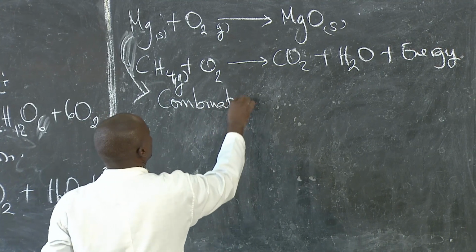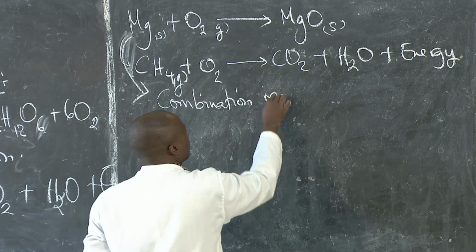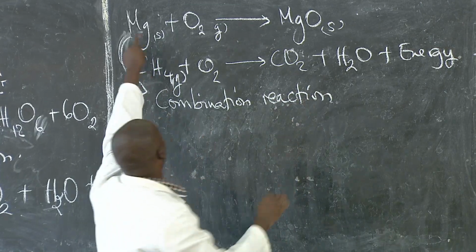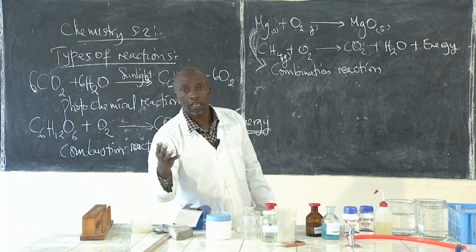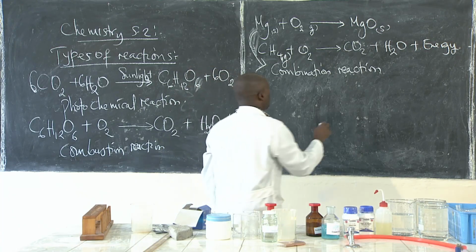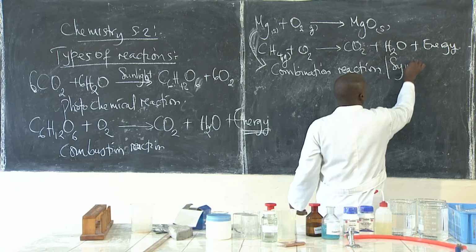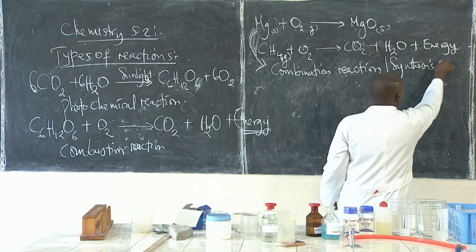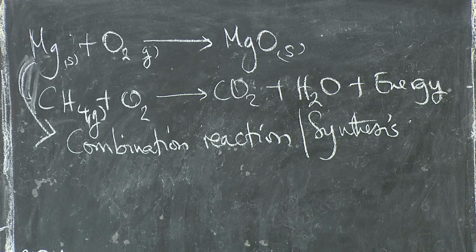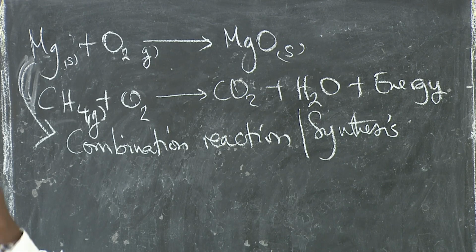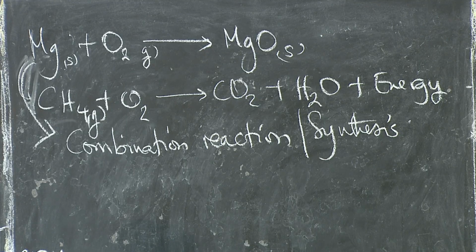This is a combination reaction. So in addition to being combustion, it can as well be a combination reaction or a synthesis reaction. One product is synthesized, or made, from its elements in their standard states.